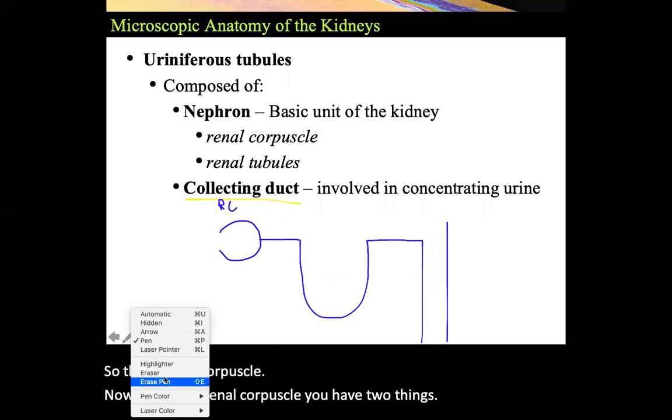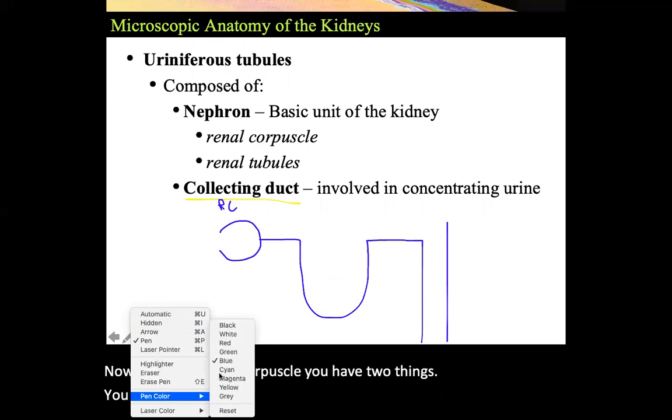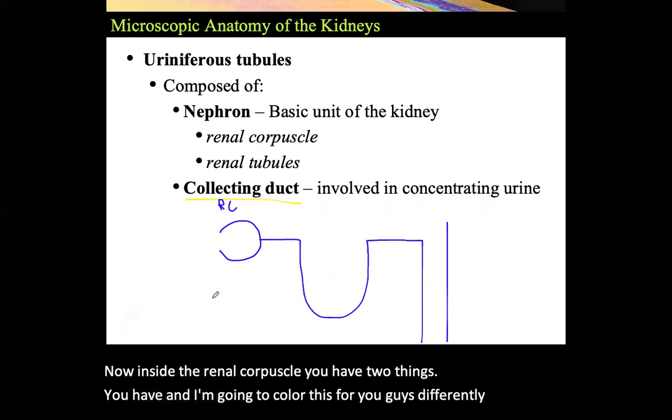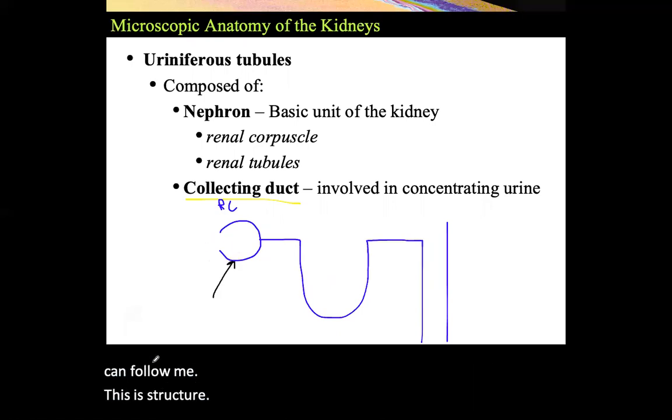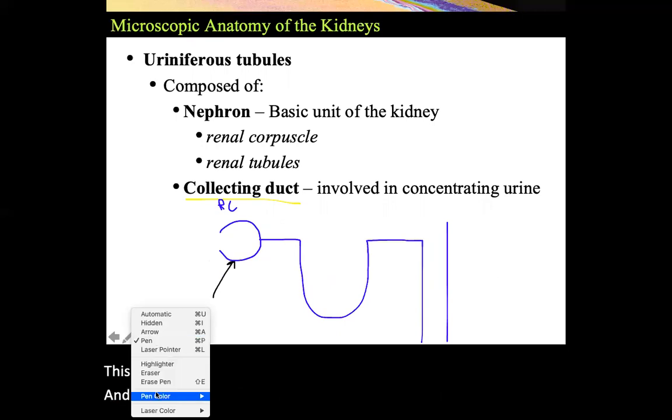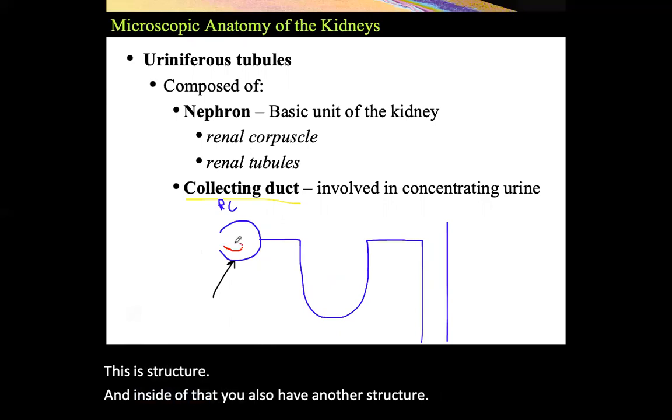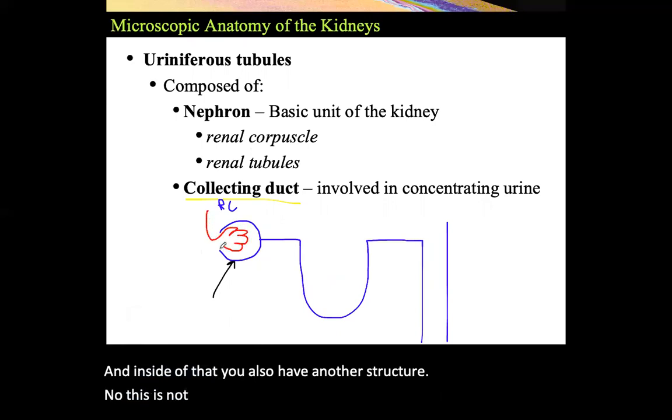I'm going to color this for you guys differently so you can follow me. This is one structure. And inside of that, you also have another structure. No, this is not a hand. It is depicting a capsule or depicting a glomerulus.